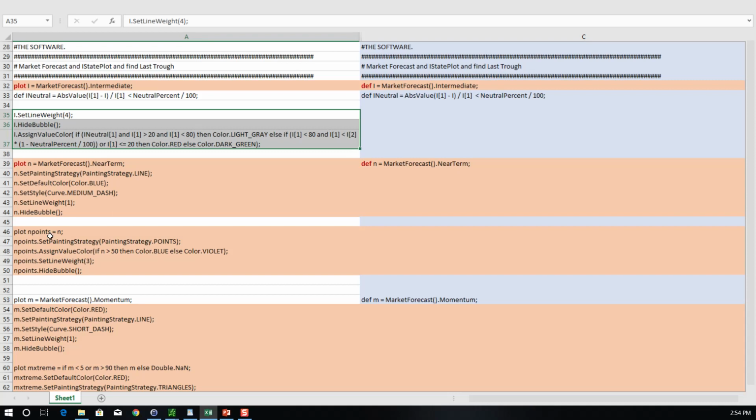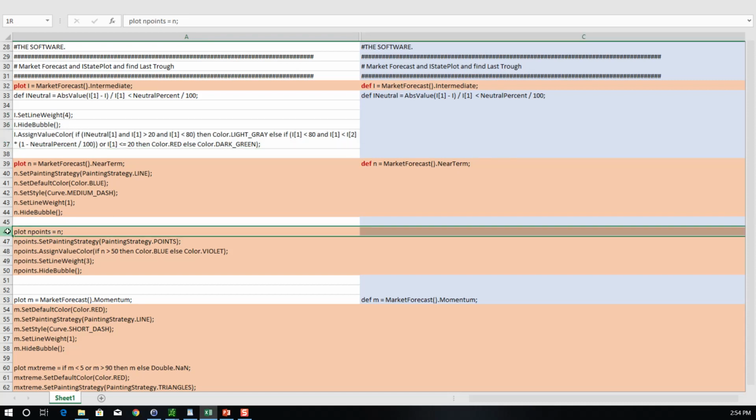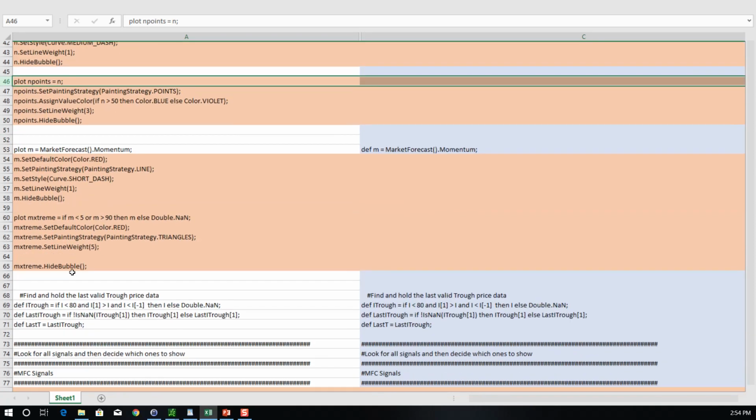As you remember, in the initial study, we showed the number of points that were above 50 because we wanted to show those in blue so that we could easily count whether there were 7 to 12 days or bars that were above 50 to help us determine our posture. But that won't be necessary here. We won't actually be needing those points because it's not visually helpful to us here. Plus, we'll still keep this other study down at the bottom on our chart, so we'll have it for reference.